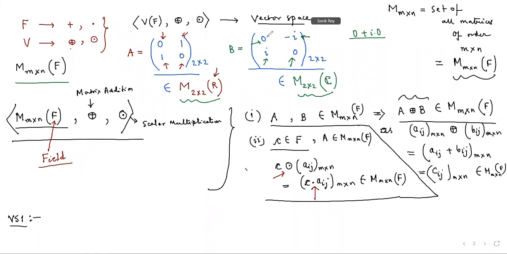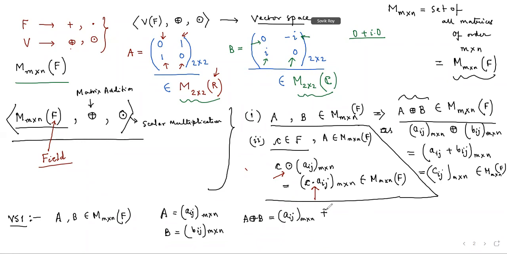If I take two matrices A and B from M cross N F, you know that matrix A will be denoted by Aij M cross N, and this will be denoted by Bij M cross N. And if I add the two matrices A plus B by this operation, I am going to add the two matrices in this manner, which means corresponding elements will get added.